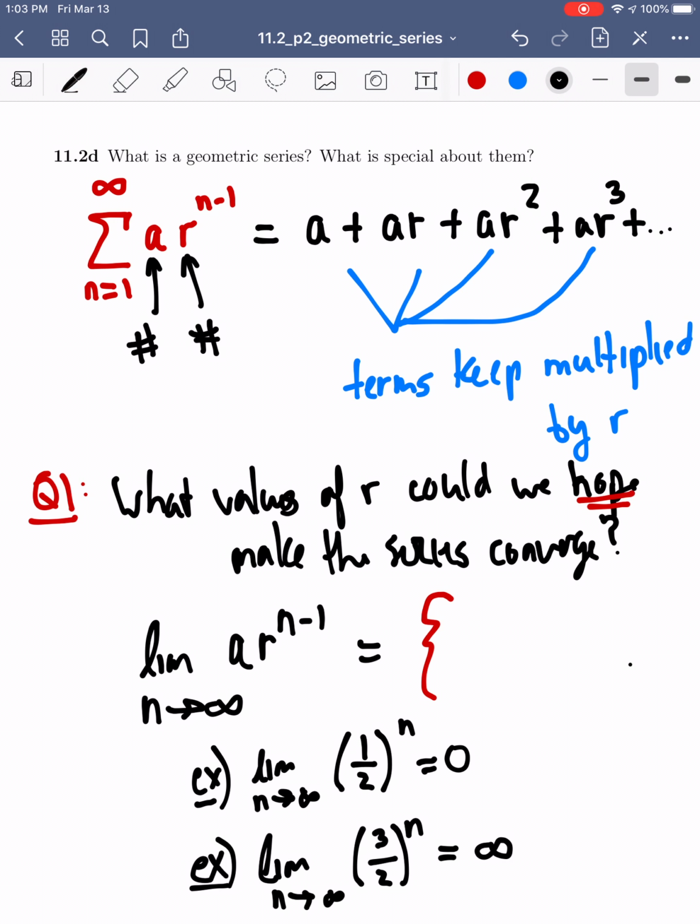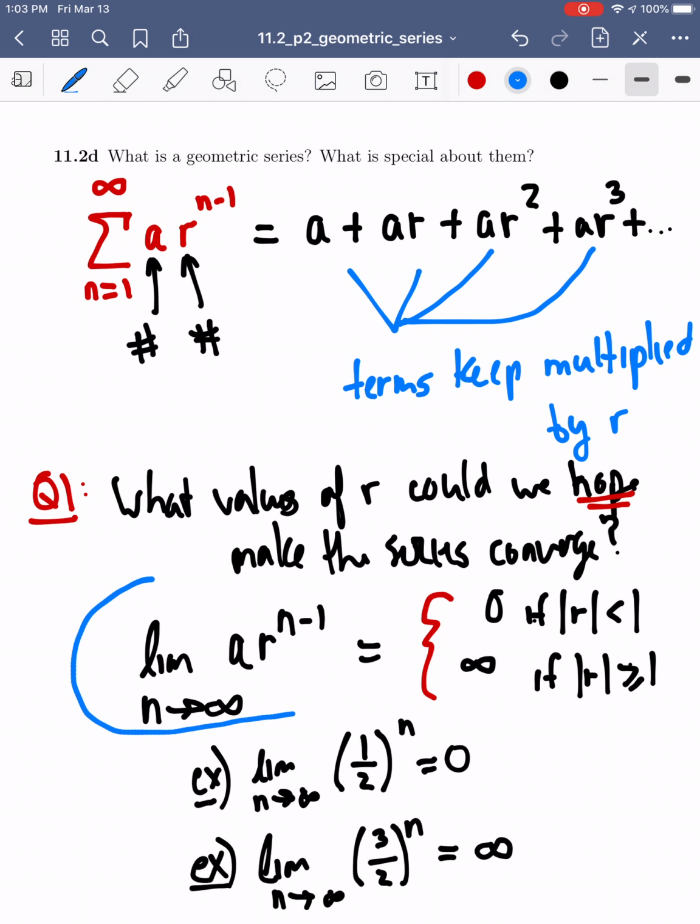If r is less than 1 in absolute value, this limit is going to 0. But if r is greater than or equal to 1 in absolute value, this limit is going to infinity. So, in other words, for any hope that this geometric series converges, we need that this common ratio r has to be less than 1 in absolute value.